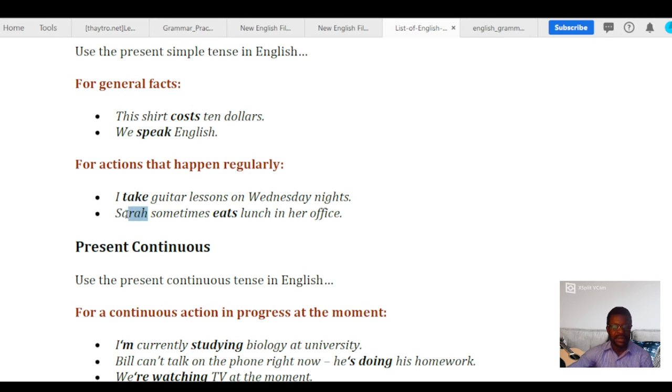Sarah is a girl. So if I'm not saying Sarah, what is the pronoun that I'm going to use? She. Sarah sometimes eats. Did you see that? Eat is the verb. Now we have to add S to it. It becomes "Sarah sometimes eats lunch in her office."